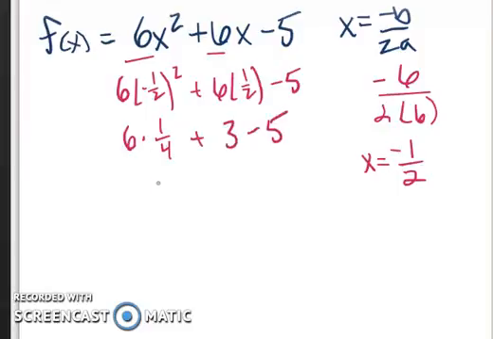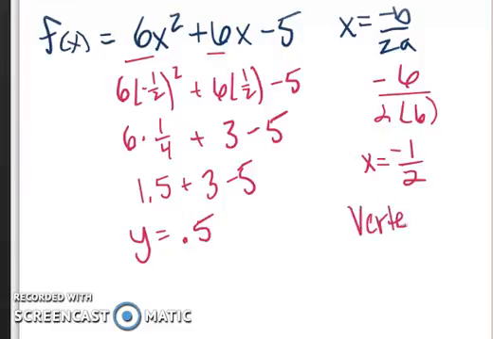This is going to become 6 over 4, that's 1.5, so 1.5 minus 3 minus 5. So y is going to equal 0.5 or 1/2. Okay, so we get our vertex at negative 1/2 and 1/2.